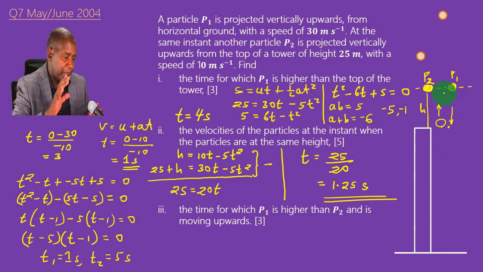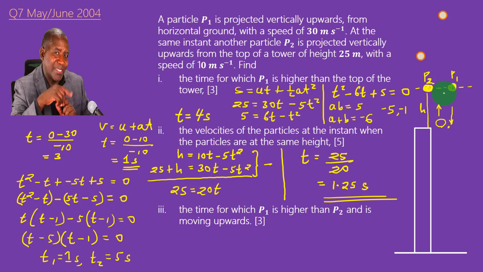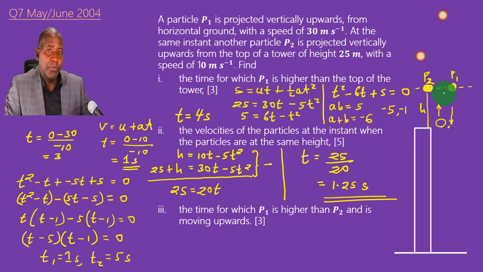Okay, let's put a few concepts together because we can see that the writing space has become messed up. But I hope you are still following. P1 takes 3 seconds to reach maximum height, while P2 takes 1 second to reach maximum height. They meet after 1.25 seconds. So after 1.25 seconds, P1 will be higher than P2.